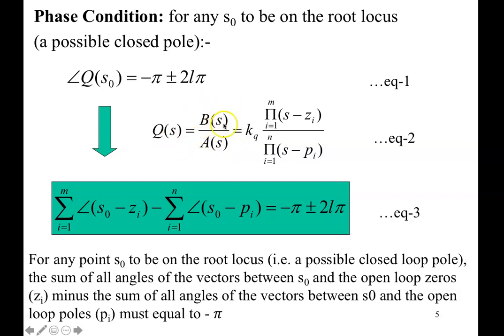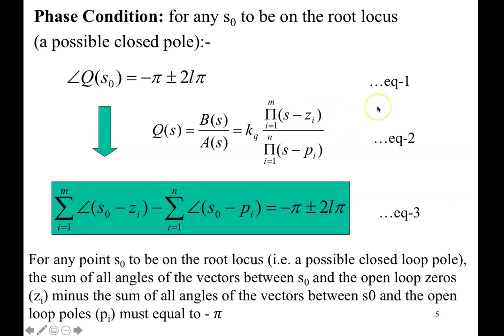Now B(s) will have a number of open loop zeros as expressed here. Q(s) will also have the denominator term A(s). If I equate that to 0, that will give me a number of poles as I expressed here. This sign here means product. So it's s minus first zero times s minus second zero times s minus third zero.